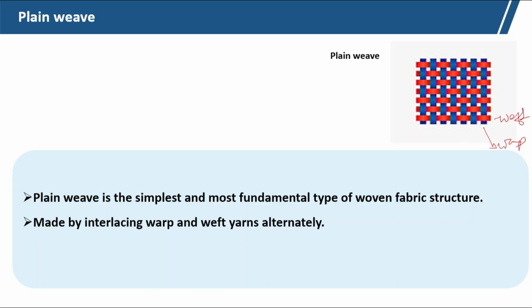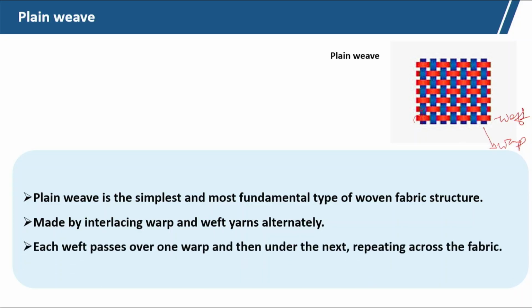It is made by interlacing warp and weft yarns alternately. When one warp yarn is going downward, the next one will be up. Each weft yarn passes over one warp yarn, then under the next one.